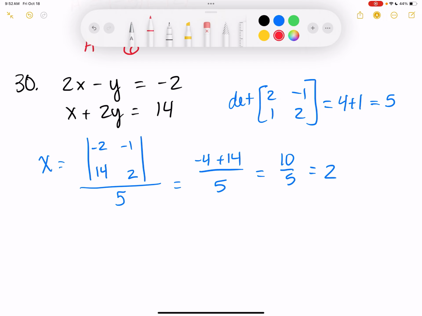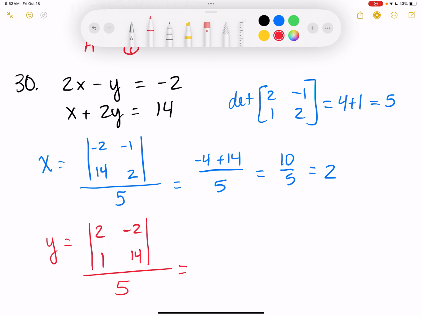So then when I do y, the determinant that we initially found is still on the bottom. Now, -2 and 14, we're solving for y, so those numbers get plugged in for y. And then 2 and 1 for x.